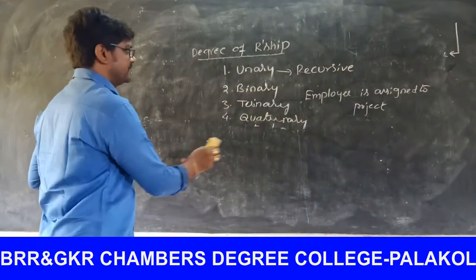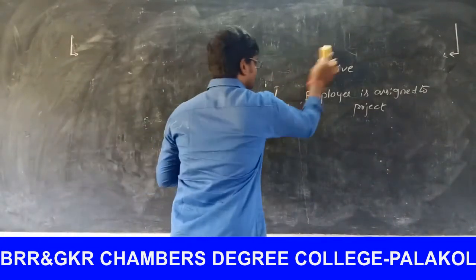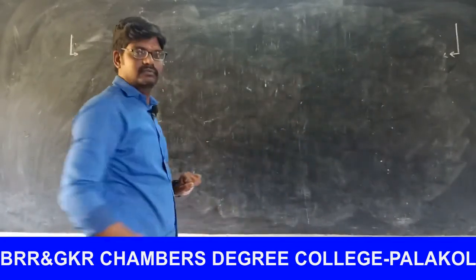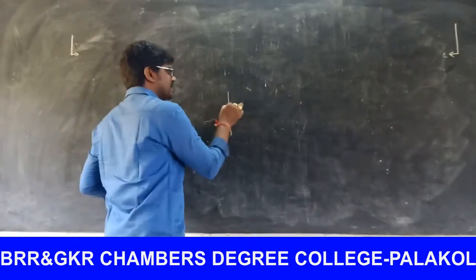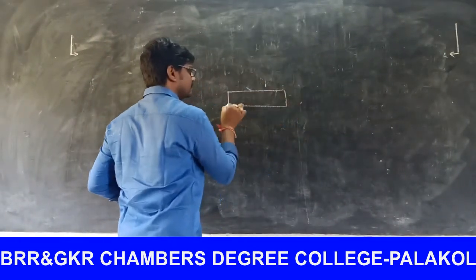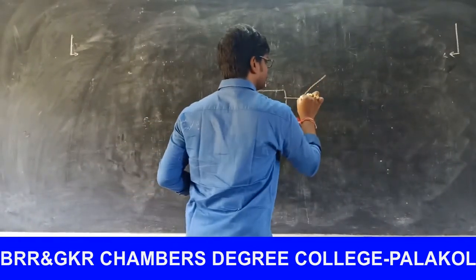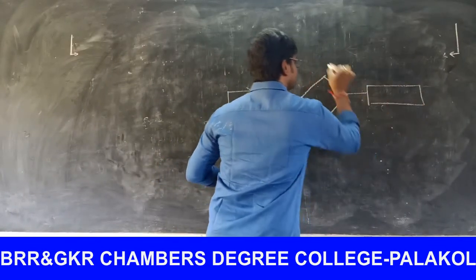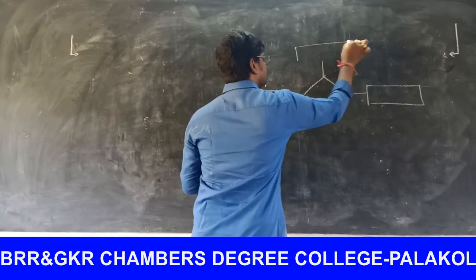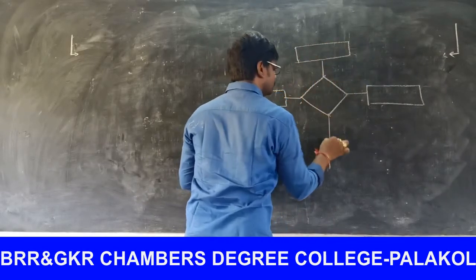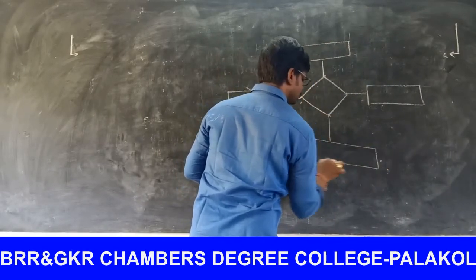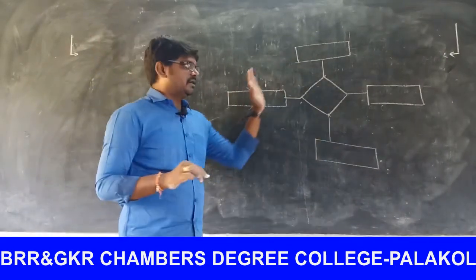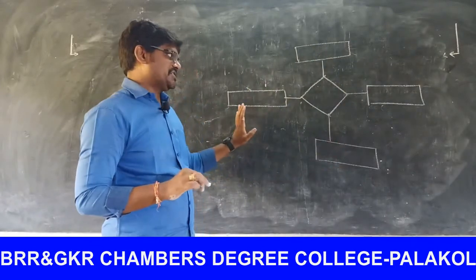What is the structure here? So the structure is this is the structure of the quaternary relationship.